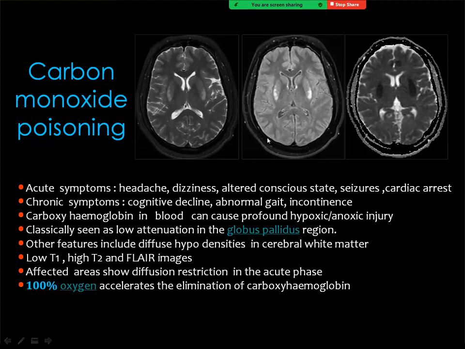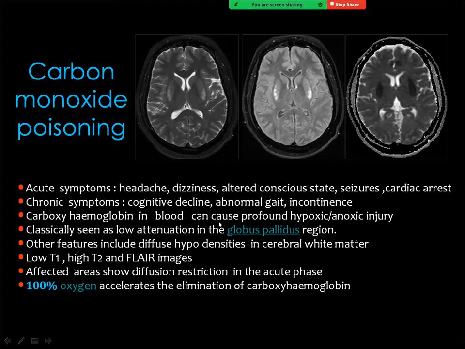Carbon monoxide poisoning is diagnosed by history, and there may be headache, dizziness, abnormal conscious state, seizures. Then in chronic conditions, you got abnormal gait and incontinence.